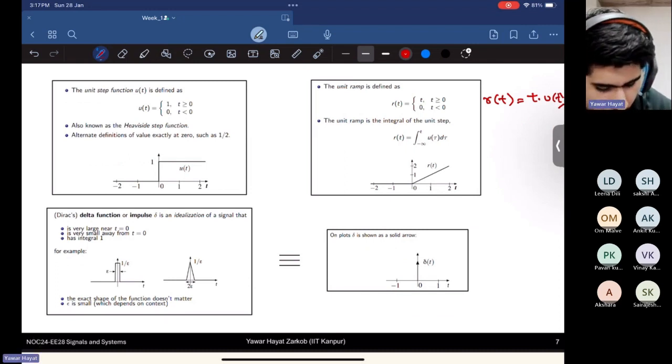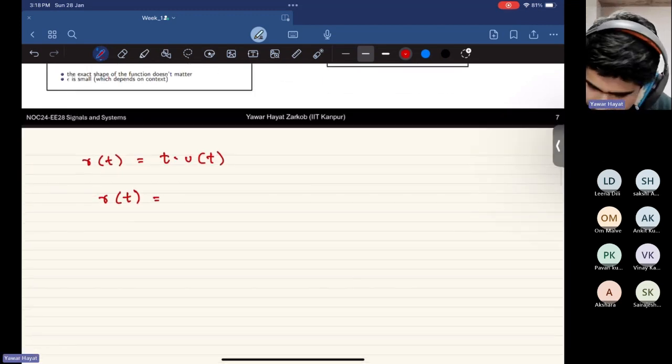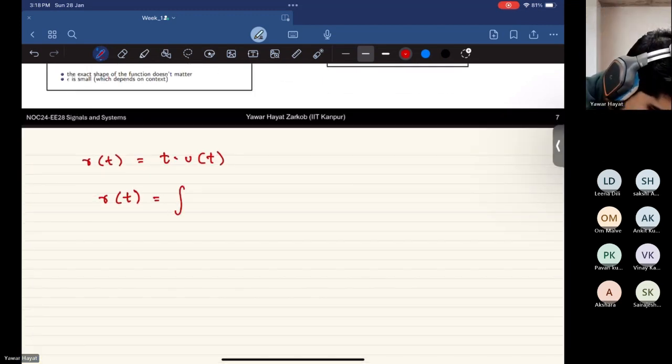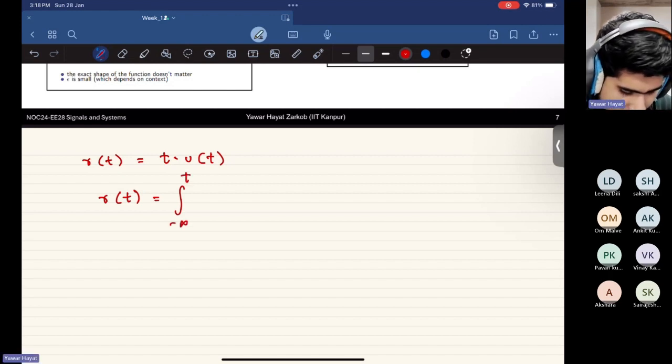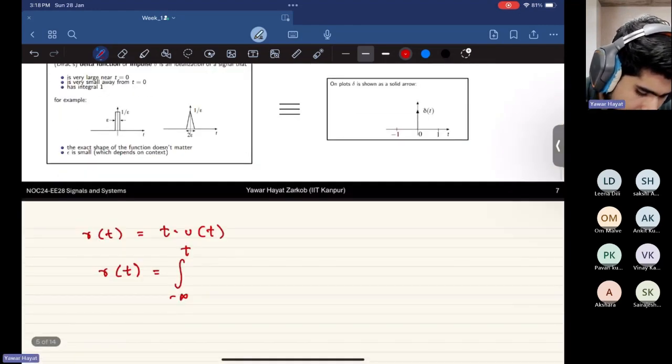Intuitively, it seems pretty obvious, but let's go through a mathematical proof. So we say that r of t is the integral from minus infinity to t of u of tau d tau.